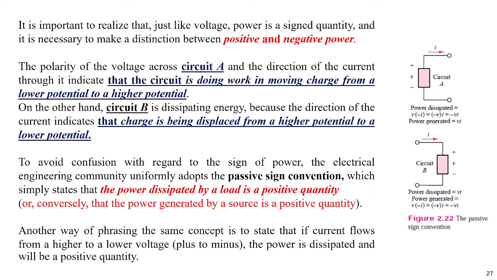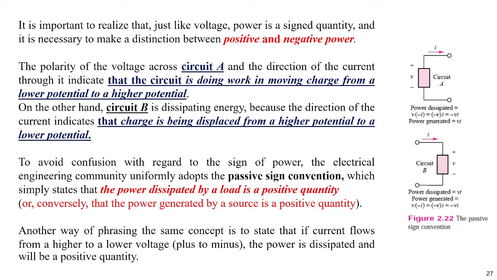It is important to realize that power is a signed quantity, so it is necessary to make a distinction between positive and negative power. The polarity of the voltage across circuit A and the direction of current indicate that the circuit is doing work in moving the charge from low potential to high potential.